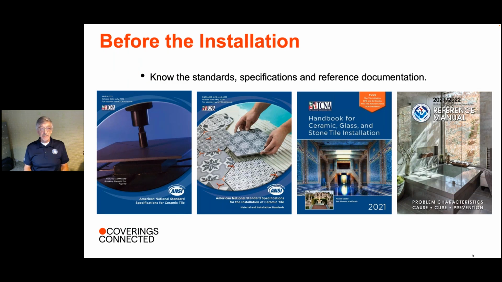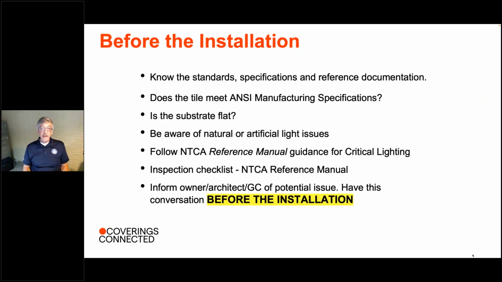Before the installation, you need to refer to your standard specifications and your reference documentation, everything I've been talking about right here. And you need to ask yourself, does the tile meet the ANSI specifications, ANSI A137.1? Is the substrate flat per ANSI A108?